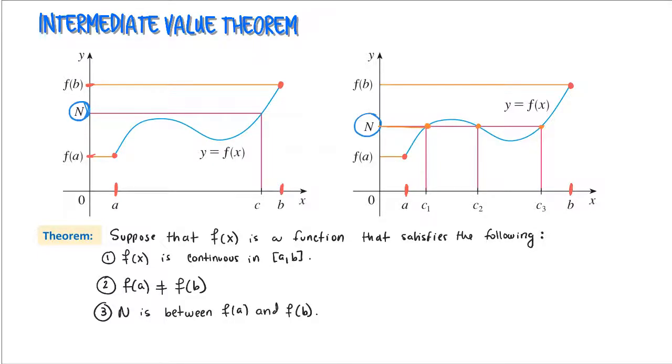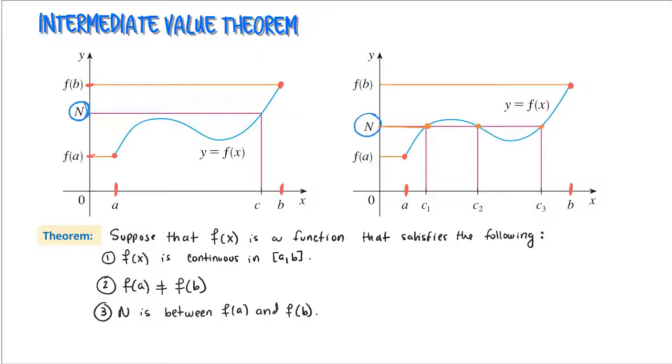So if we have all of these conditions, suppose that f is a function that satisfies the following: f of x is continuous in [a, b], f of a is not equal to f of b, and n is between f of a and f of b.